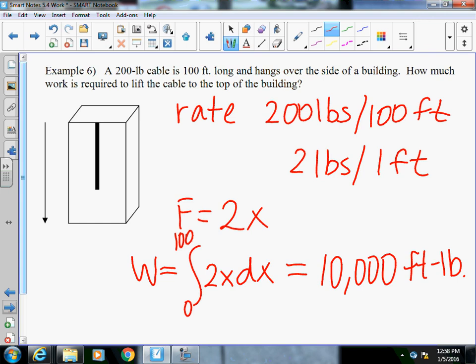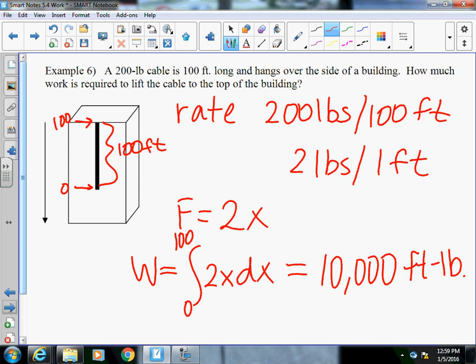Now, let's talk for a second. This entire length, let's pretend this is 100 feet long. Occasionally, you will have a question that wants you to lift the first 50 feet of a 100-foot cable. So what you need to remember is that this end is the 0, and this end is the 100, because when you first lift, that cable or rope weighs 200.